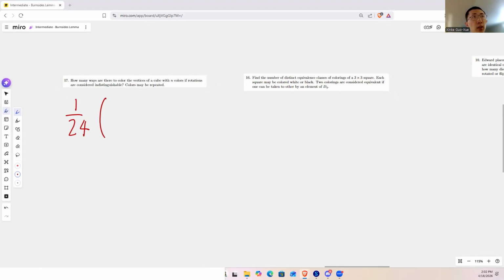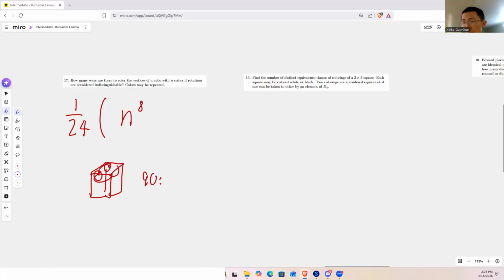If we do nothing, then all 8 vertices are fixed. So there's n to the eighth. If we have a 180-degree rotation about an axis joining midpoints of opposite faces, this gets sent here, this gets sent here, and so on.